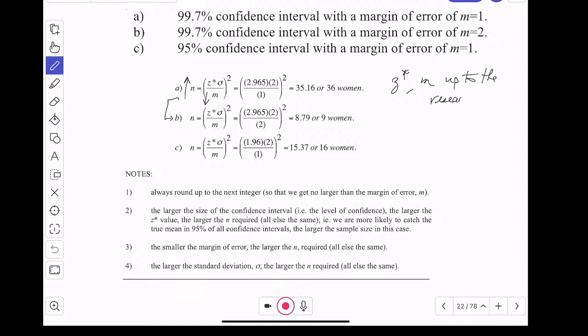Sometimes in certain industries, z star is set to 95%. Margin of error depends on the convention for your sector or for the kind of studying and reporting that you're doing. So this is up to the researchers, these two. The other one is given. You can't do anything about it.